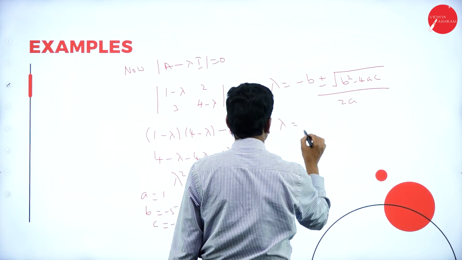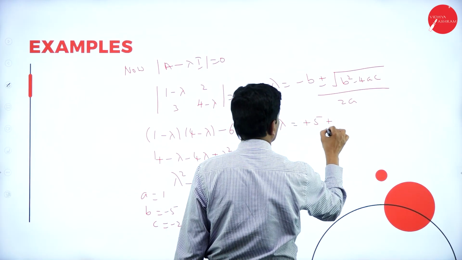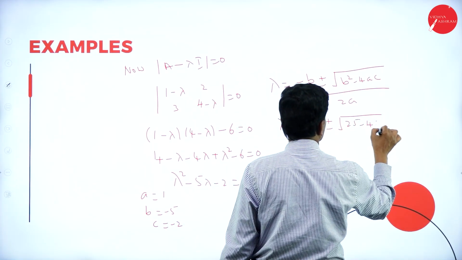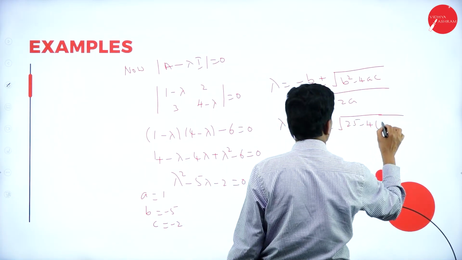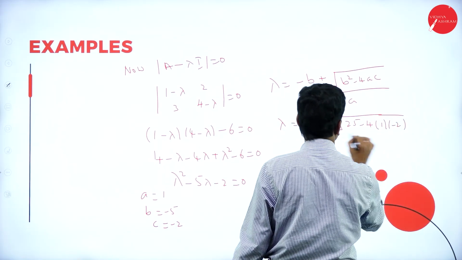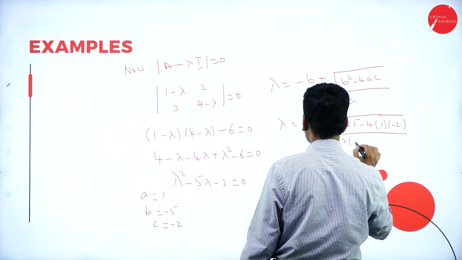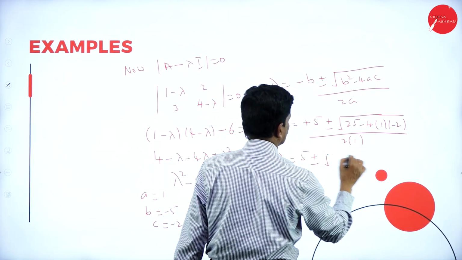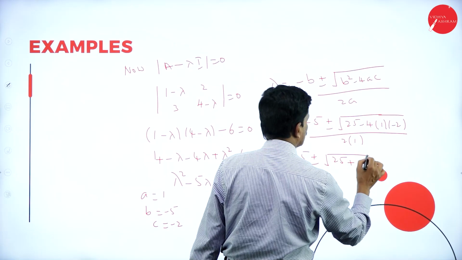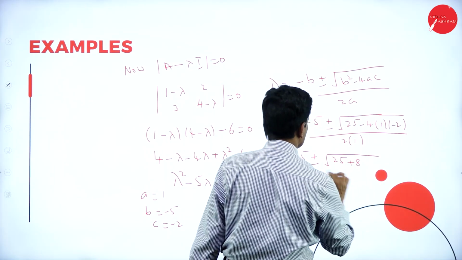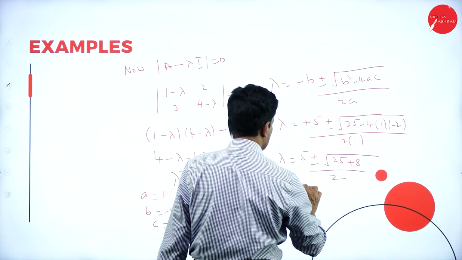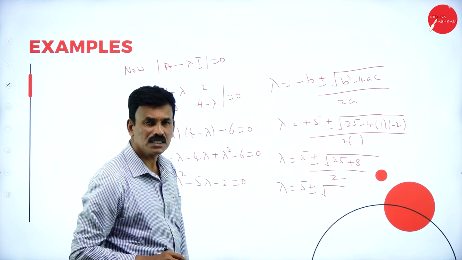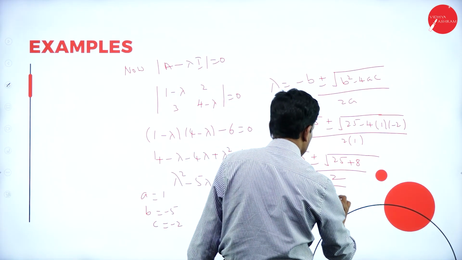Here lambda is equal to 5 plus or minus root of 25 minus 4 into 1 into minus 2, divided by 2 into 1. So lambda is equal to 5 plus or minus root of 25 plus 8, which is 33, divided by 2.